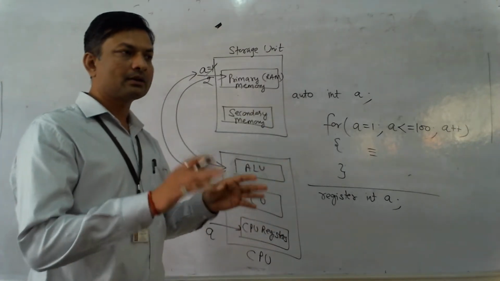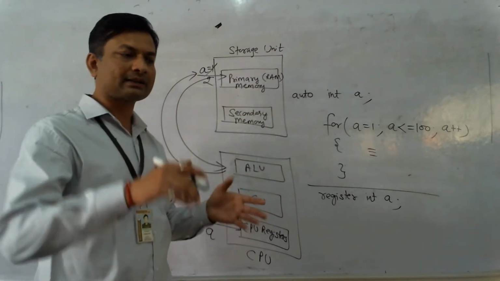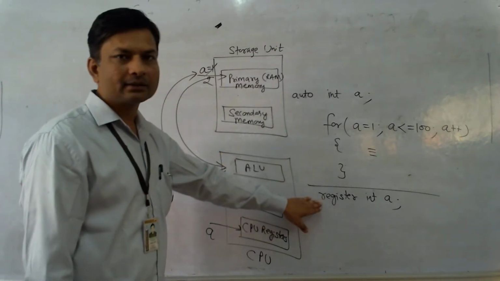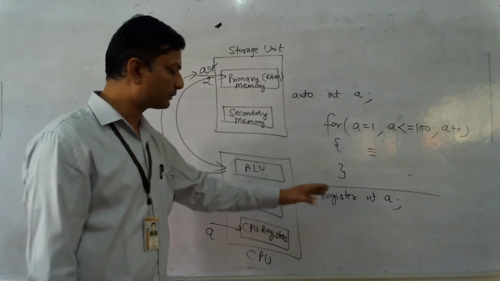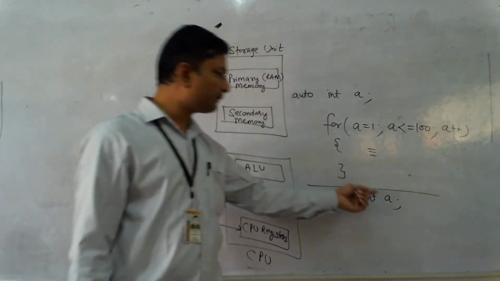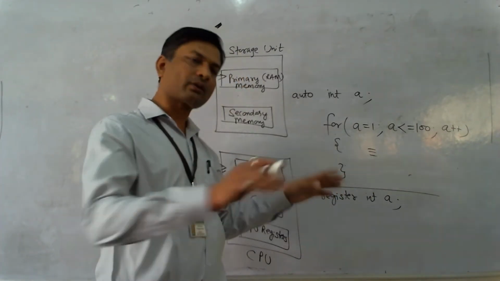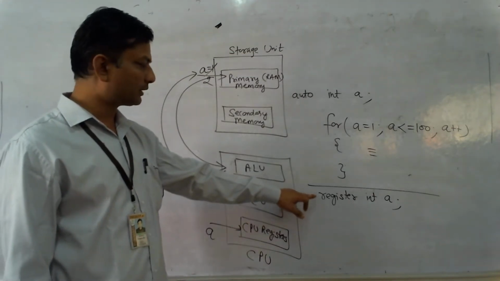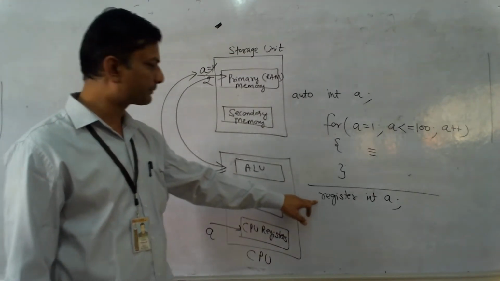But except automatic storage class, for other classes we are required to write the keyword for that storage class. So if we want our variable to belong to register storage class, we should write register over here, as we have written in this statement.